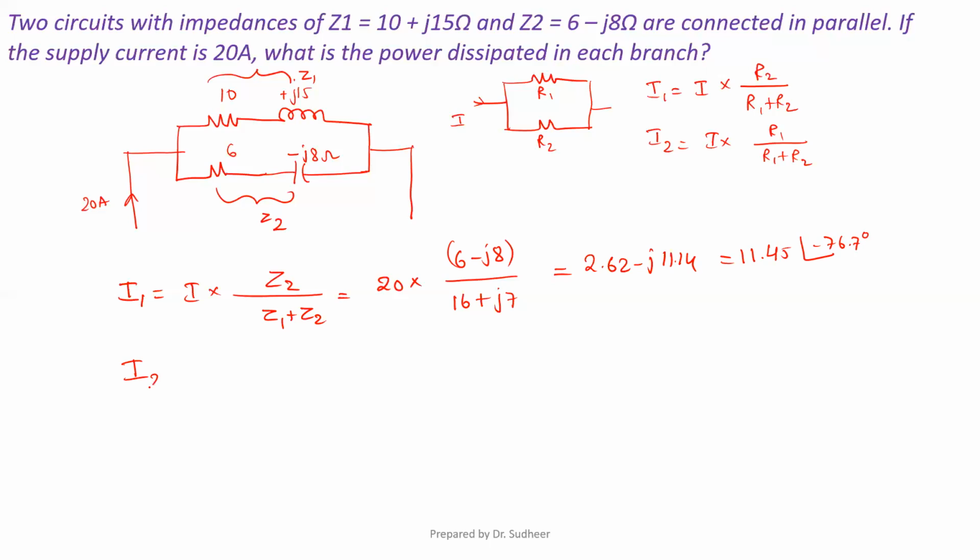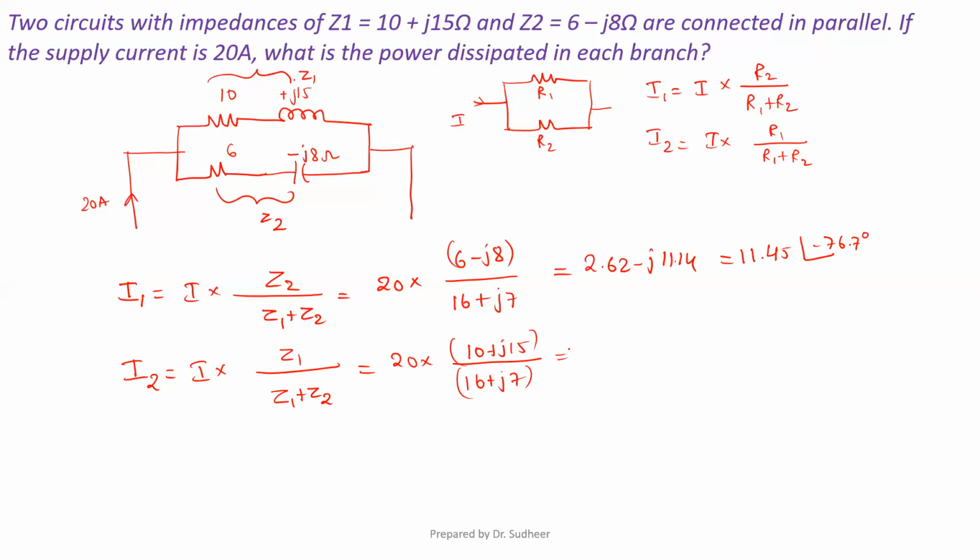Similarly, I2 needs to be determined. I2 is also I into the opposite impedance divided by the total impedance. So what is your I2? The opposite impedance is 10 plus j15. Z1 plus Z2 will be the same, that is 16 plus j7.